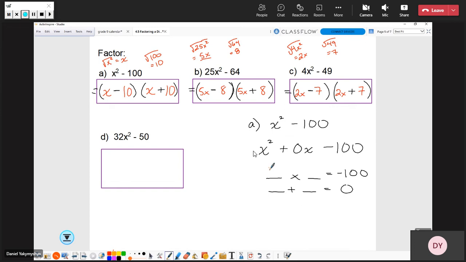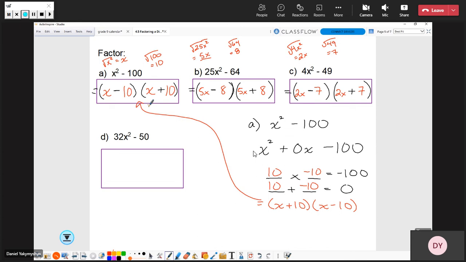So I think it's going to be positive 10 and negative 10, and that works. And if you go ahead, we would just factor this the old-fashioned way, x plus 10, x minus 10. If you have a look, we're just avoiding more work. This is a real nice shortcut for a difference of squares, and you're allowed to use it here.